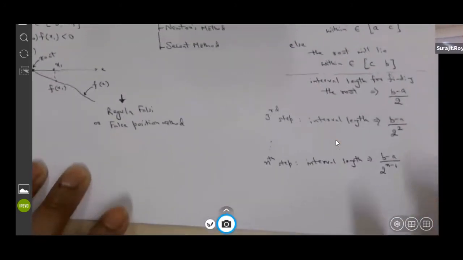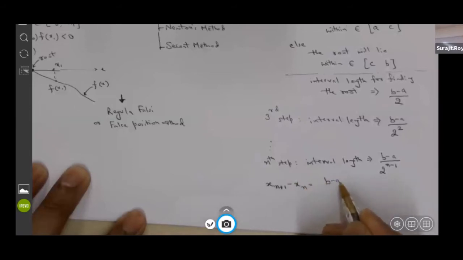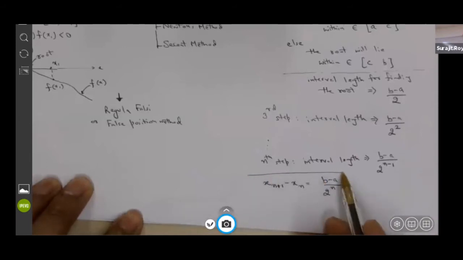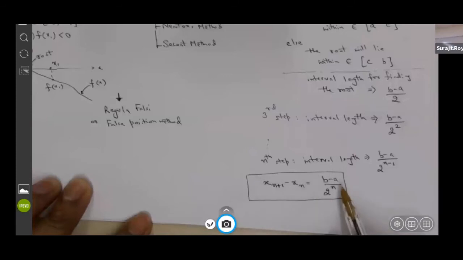So the error in that estimation, or error in the root, is what you are going to see: x(n+1) minus x(n) is given by (B minus A) divided by 2 to the n. Basically, at the (n+1)th step, the value of x, which is going to be very close to the root, minus the x value at the previous step is given by this specific interval length.